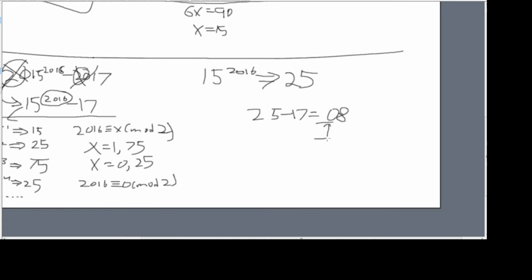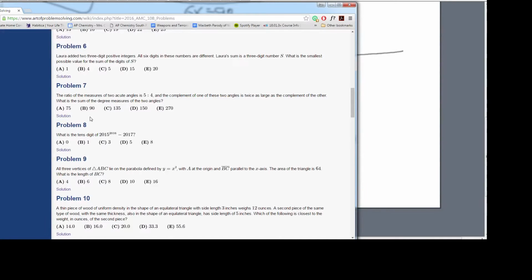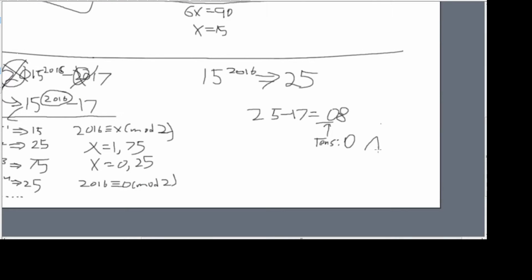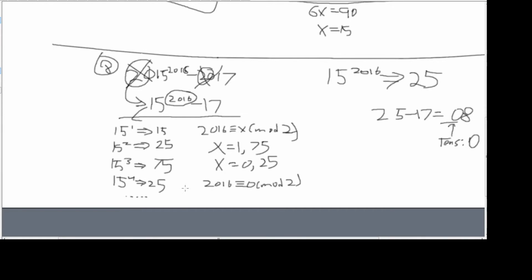Therefore your tens digit is 0, and your answer is A. By the way, you can do this with just remainders and checking out patterns. You don't need to do modular arithmetic, but it helps a lot for more complex problems.